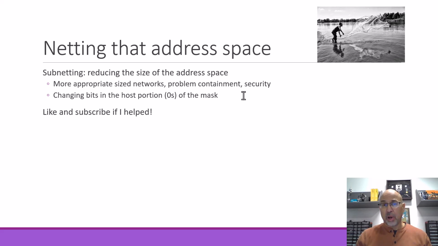Each one was smaller than the 65,536 possible addresses in the classful address space, and instead we wound up with 8,192 possible addresses in each of the 8 subnets. And what we did was we changed the mask. We took the host portion and we changed a couple of those bits in the host portion depending on the number of subnets that we wanted.